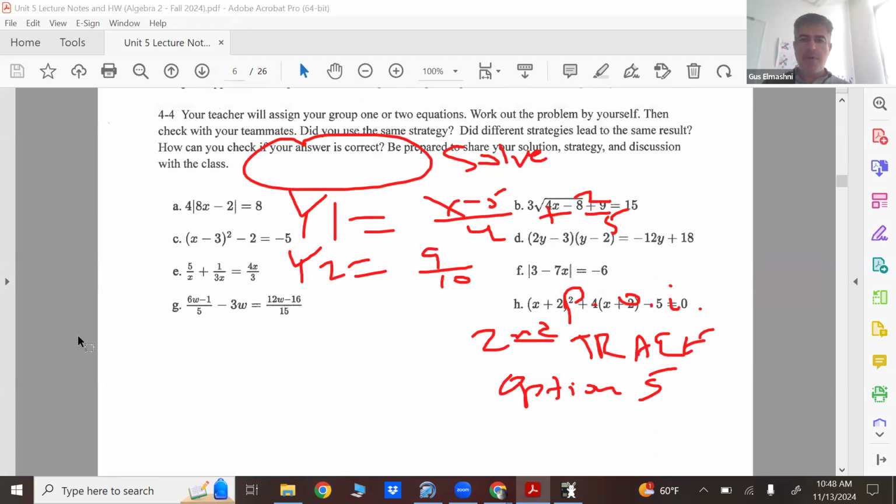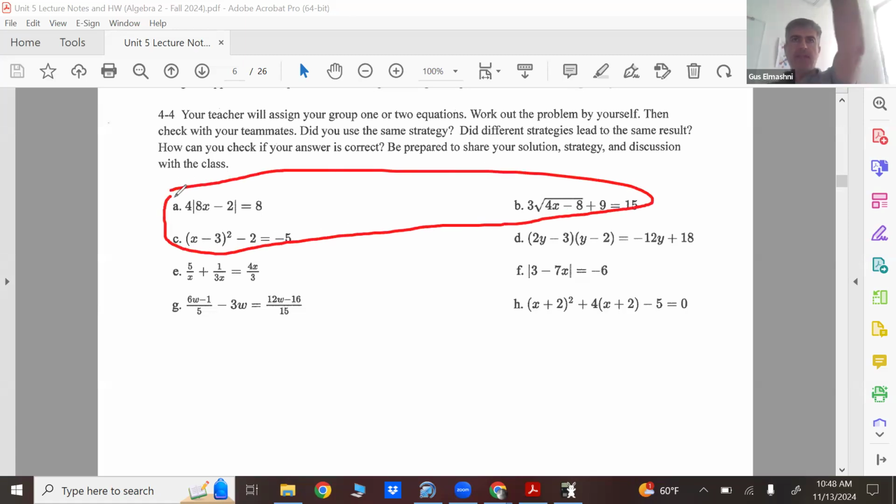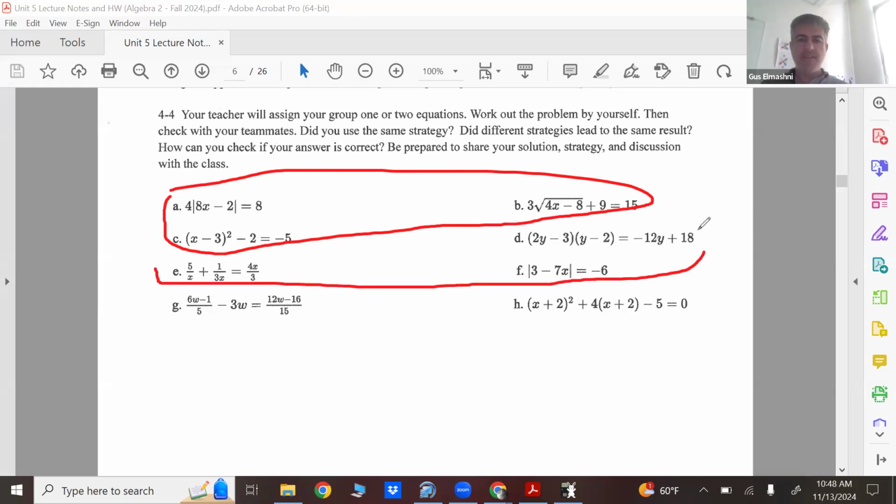Let me assign some problems for each table group. We'll do a rotation here. This group here with Karen, Charlie, and Eloise, you'll do ABC. In the back with the boys, the only male exclusive table in the class, you'll do DEF.